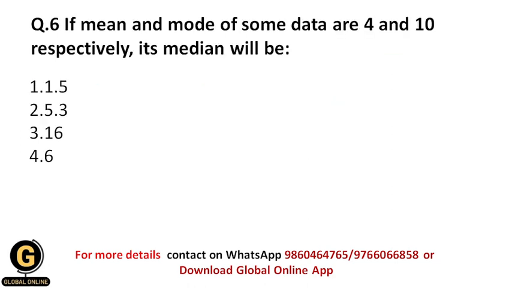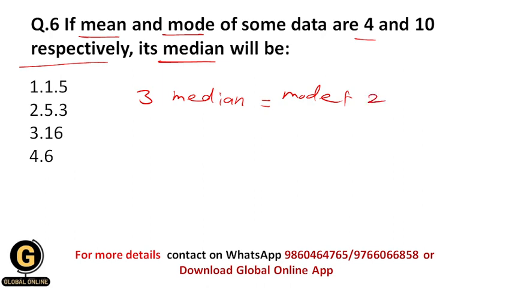Next, if the mean and mode of some data are 4 and 10 respectively, its median will be. Now here they have given the values of mean and mode. The value of mean is 4 and the value of mode is 10, and we need to find the value of median. So again use the similar formula that I told you earlier in this video, and that is 3 median is equal to mode plus 2 mean.